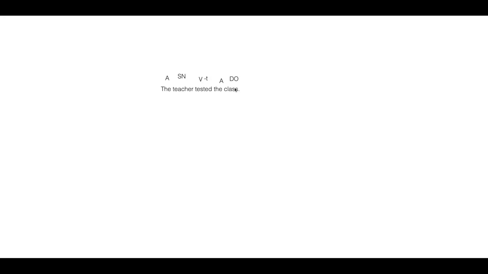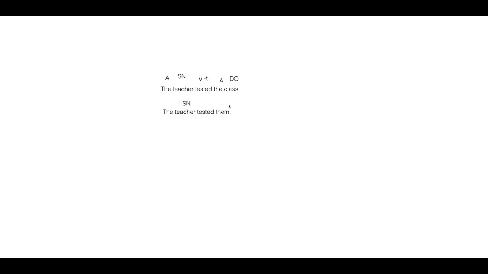But what if we wanted to take out the class and use a pronoun instead? We could do that if we wanted to, right? We could say, the teacher tested them. We would label it the exact same way. So if we use pronouns here, we label it the same way. It's really easy. So who tested them? The teacher, subject noun.